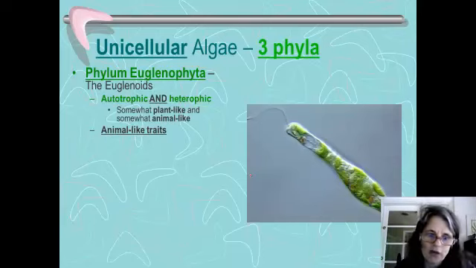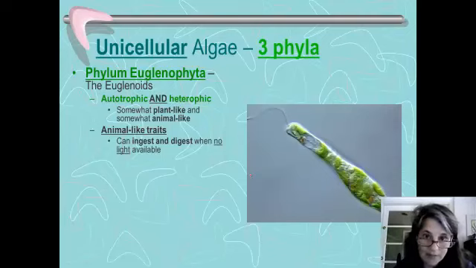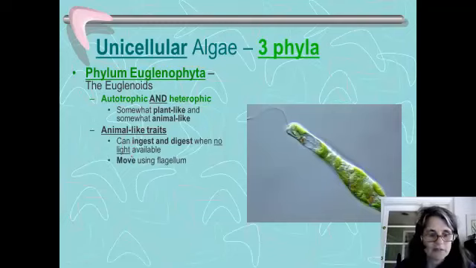It's animal-like traits that we would normally tend to associate with animals is that when there is no light and it has nothing else it can do for food, it can ingest and digest, just like we would think of with a heterotrophic organism. It can move around. We don't normally think of plants or plant-like things as being able to move around, but this thing can. It's animal-like in that way.